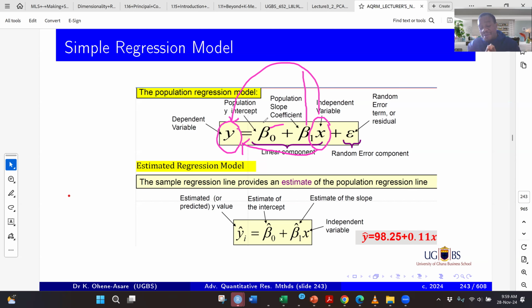It is for cosmetic purposes, but it has one particular use. And keep that in mind, prediction. So if you want to ever do prediction, that beta naught will help you to be able to do the prediction. Because if none of these variables are there, the beta naught indicates that something is there, which has some relation with the Y.